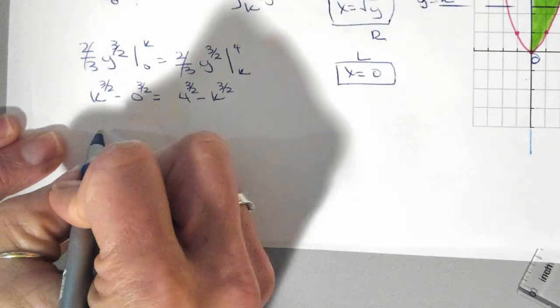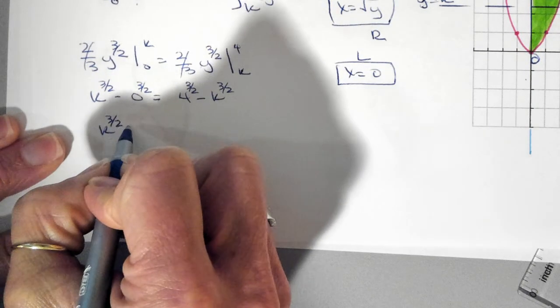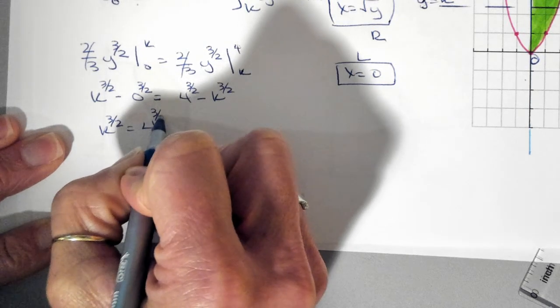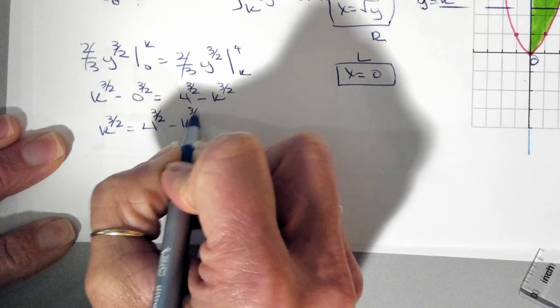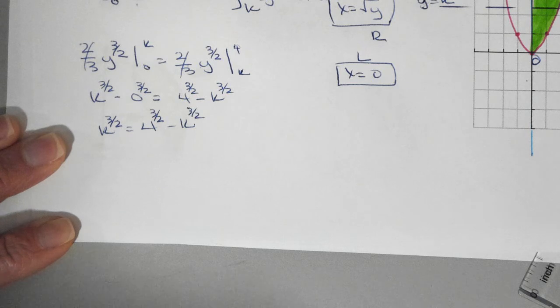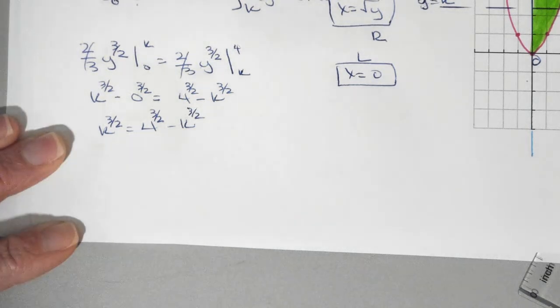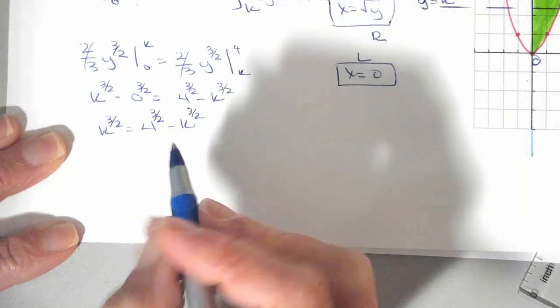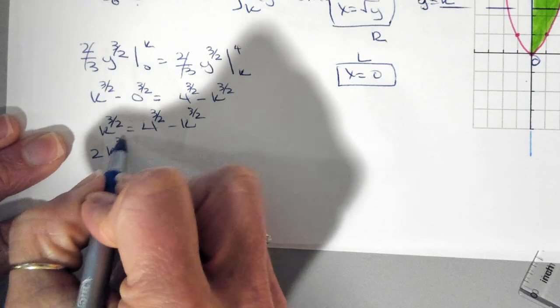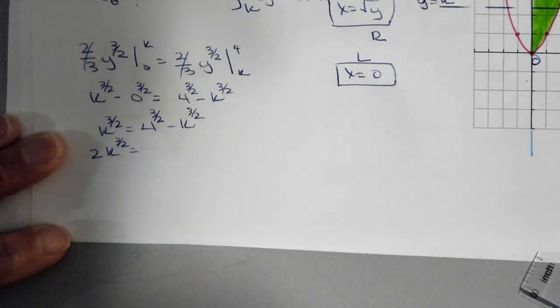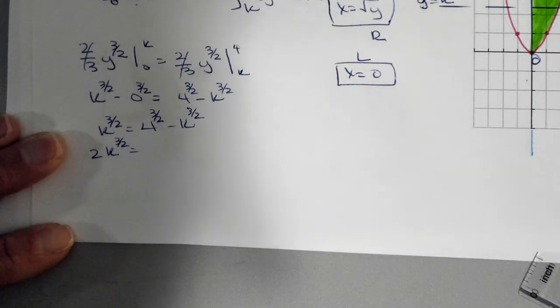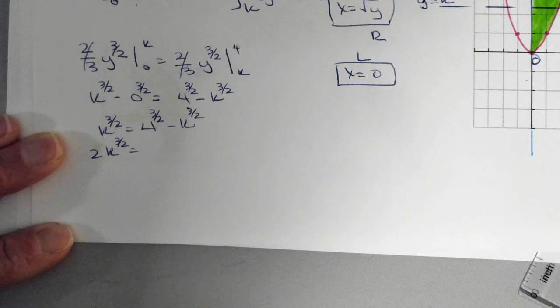Okay, this is k to the 3/2 is equal to 4 to the 3/2 minus k to the 3/2. What do I do? Add k. So I have 2k to the 3/2 is equal to, what's 4 to the 3/2? What does that mean? Okay, 4 cubed, squared. Oh, okay.